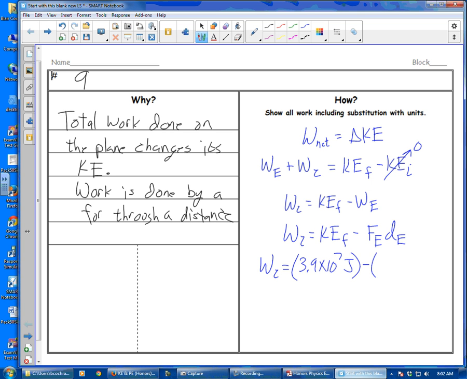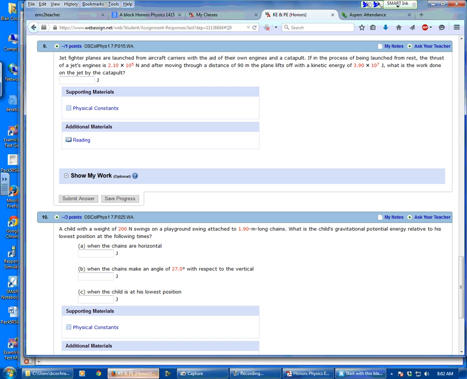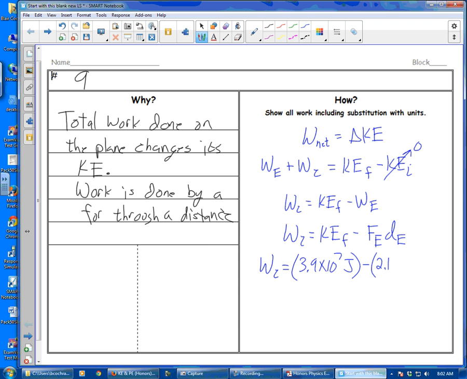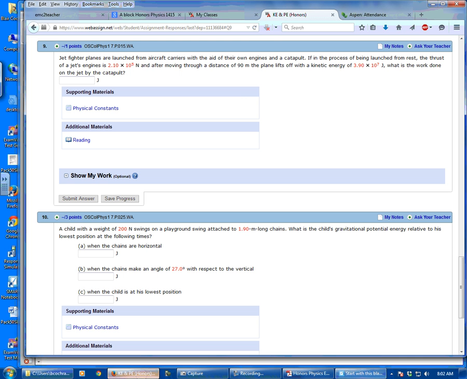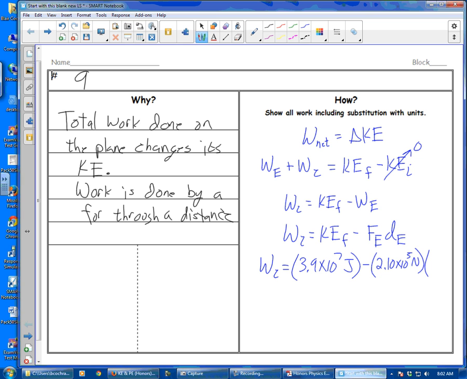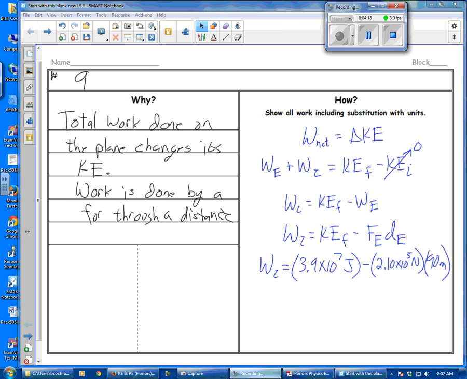My force is 2.1 times 10 to the 5th newtons, acting through 90 meters. And a little calculation will give me the work done by the catapult. Let me know if you need me to look at your individual work on that.